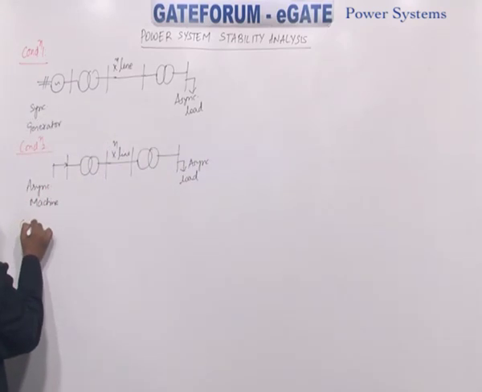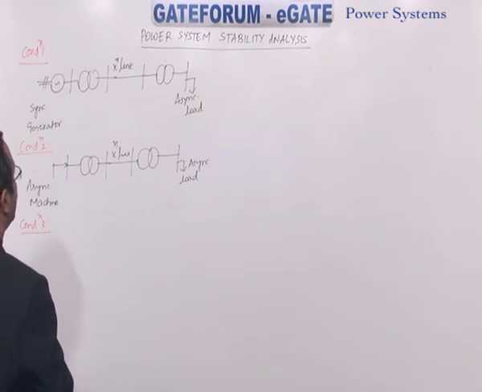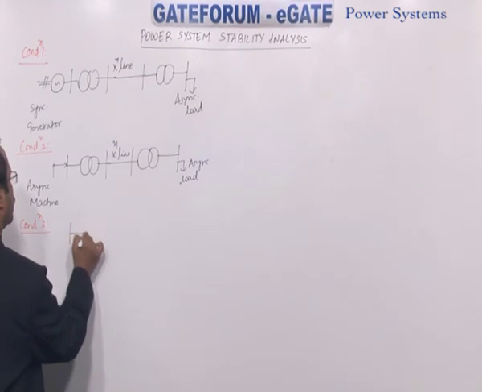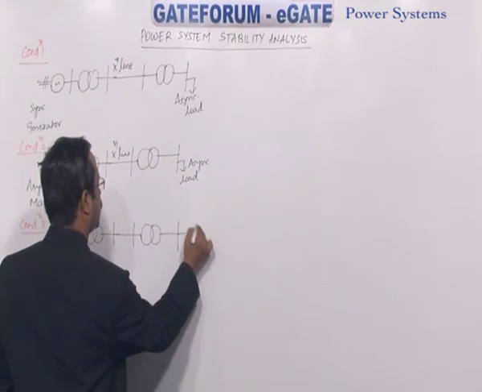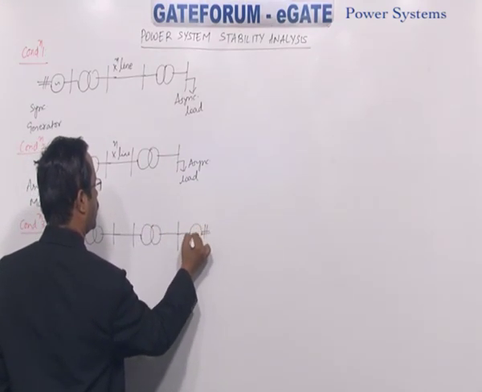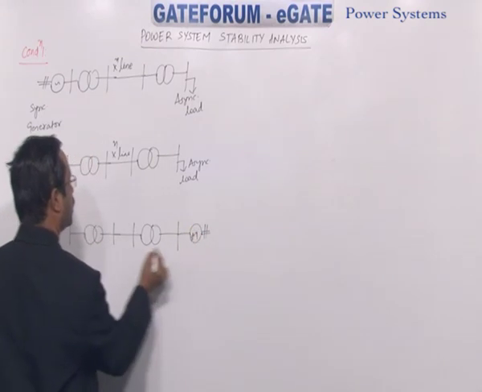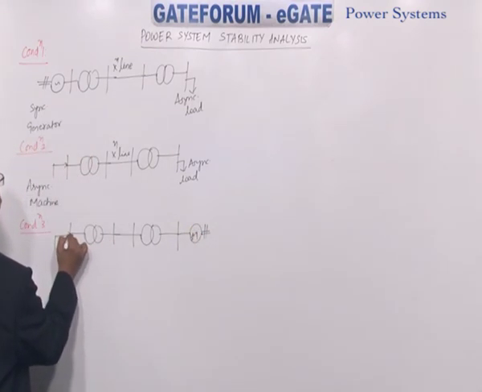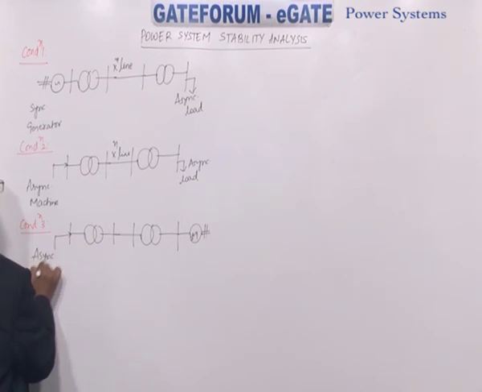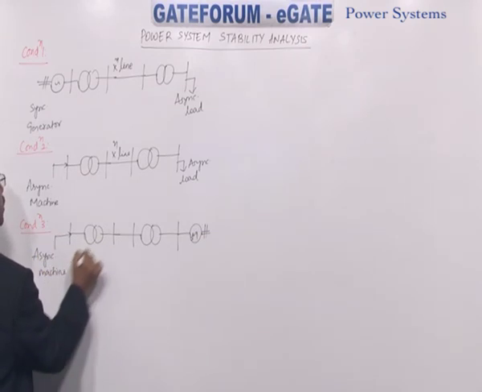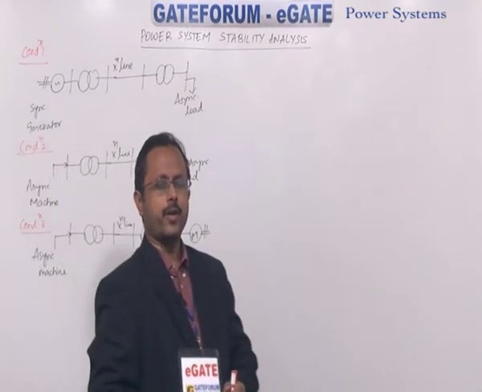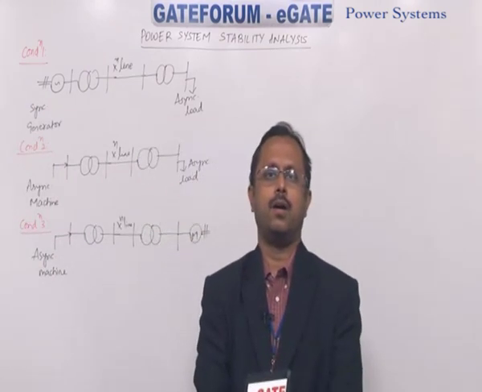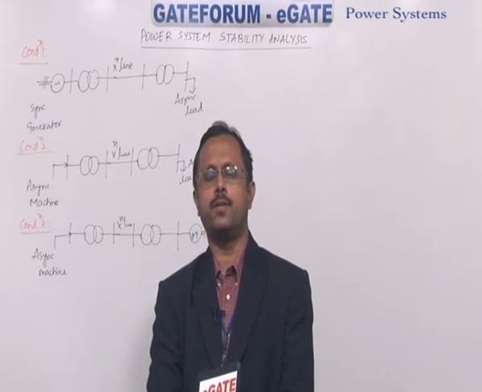Now we check condition 3. You have a synchronous motor, but here an asynchronous machine, here a transmission line. Now is this single line diagram associated with stability?